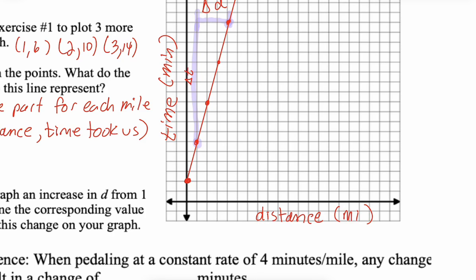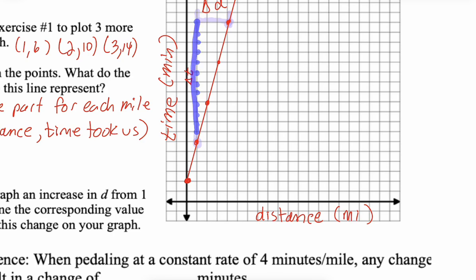So let's think about what happens. As our distance changes from 1 to 4, so from here to here, our time is increasing, right? It takes us time to go 3 miles. Let's think about how many minutes it's going to take us. 1, 2, 3, 4, 5, 6, 7, 8, 9, 10, 11, 12.